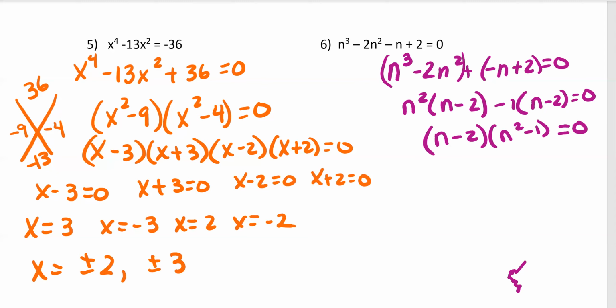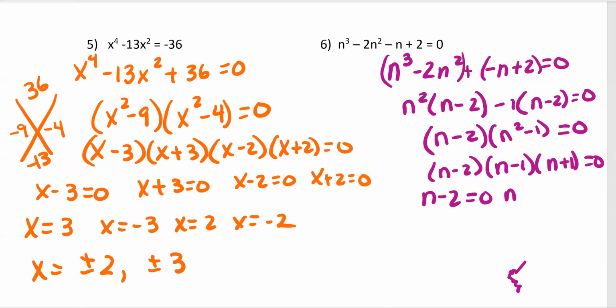N squared minus 1 is a difference of perfect squares. And set all the factors equal to 0. So we have n is equal to 2, n is equal to 1, and n is equal to -1. And there you have it.